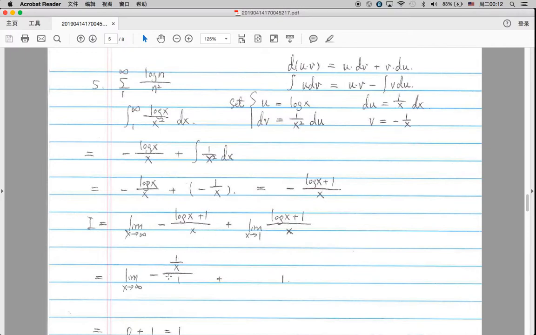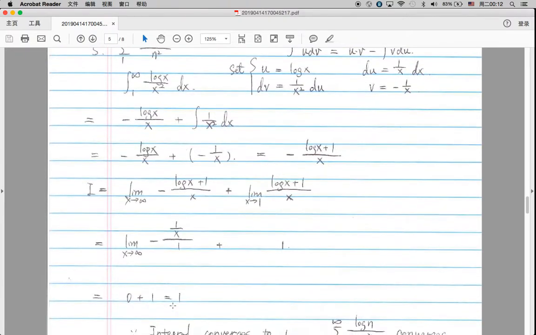And then 1 over x, as x approaches infinity, will just become 0.